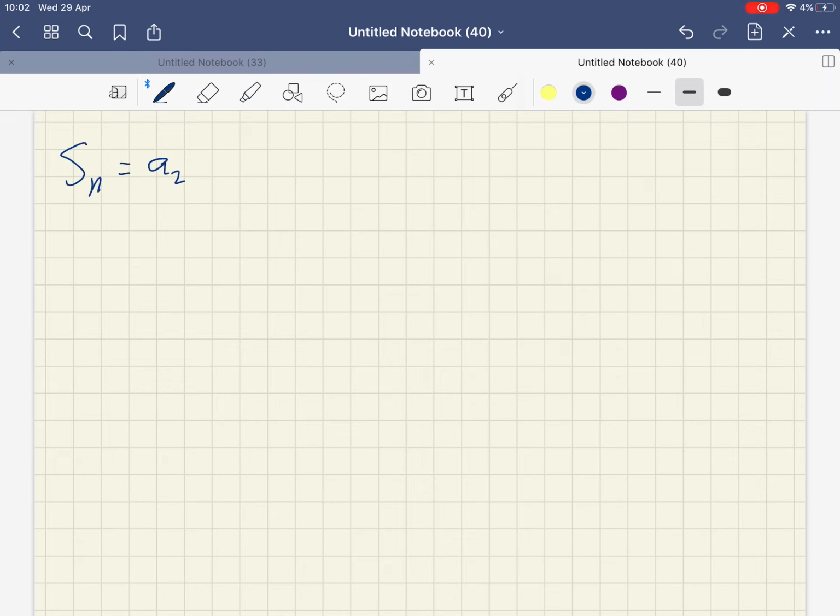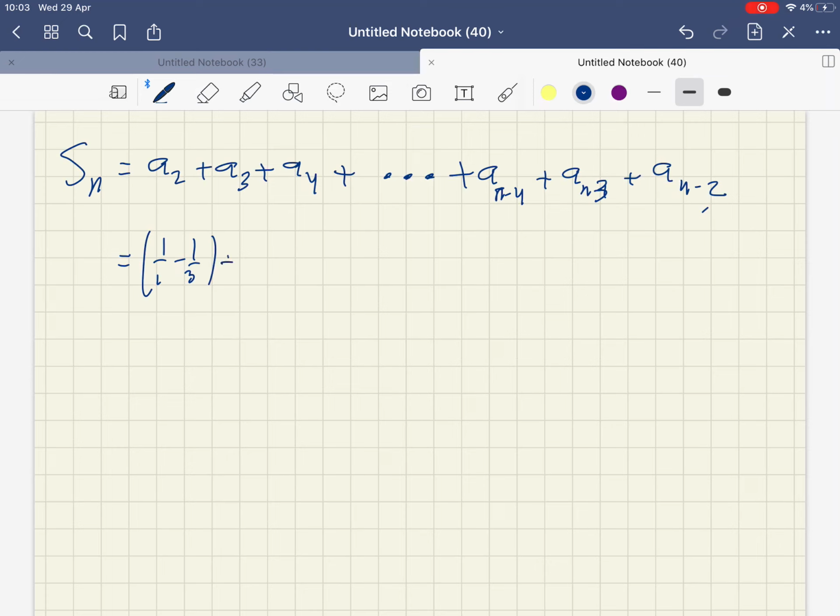Sn is just the sum of the first n elements. Since we start from 2, it will be An minus 2, so that all of them is An, An minus 1, An minus 3, An minus 4. This, I think we did it. It's 1 over 1 minus 1 over 3, 1 over 2 minus 1 over 4, 1 over 3 minus 1 over 5, and so on.